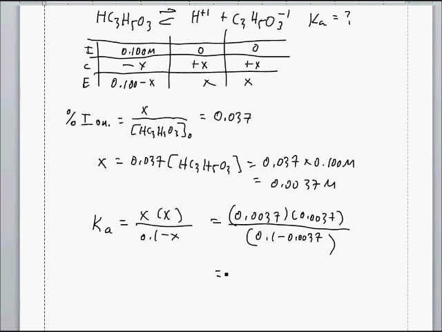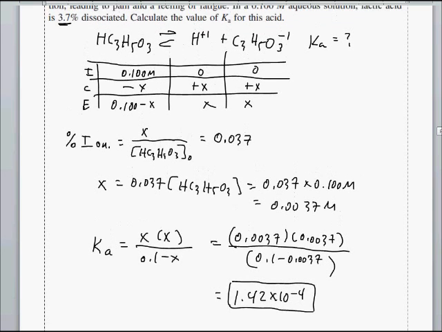In this case, I get about 1.42 times 10 to the minus fourth for the value of Ka.